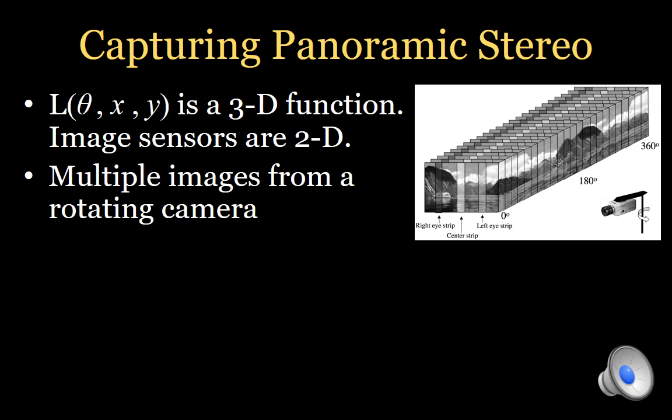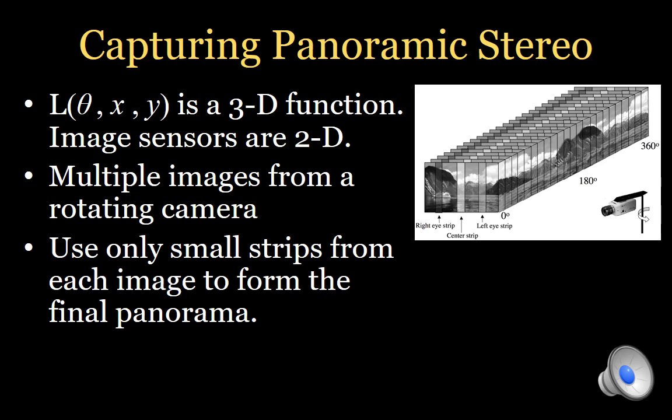Peleg et al. have proposed a solution for this using a single camera that is rotated around a circle about a single axis. Multiple images from the camera are acquired during this rotation, corresponding to different viewing directions. Once the images are acquired, a set of small image strips are extracted from the left side of the image, which forms the views of your right eye, and a set of strips from the right side of the image forms the view corresponding to your left eye.